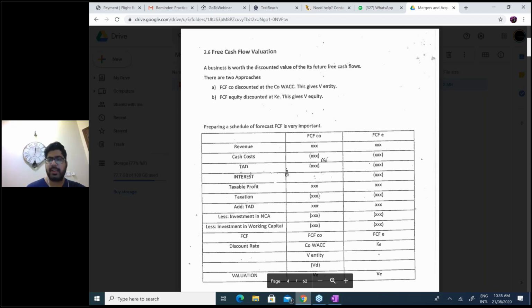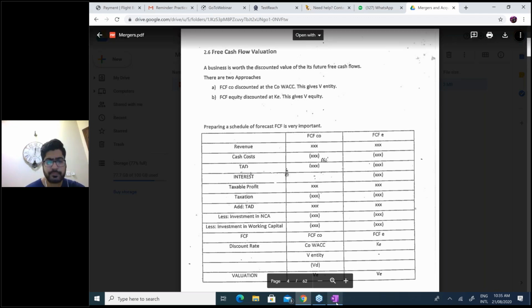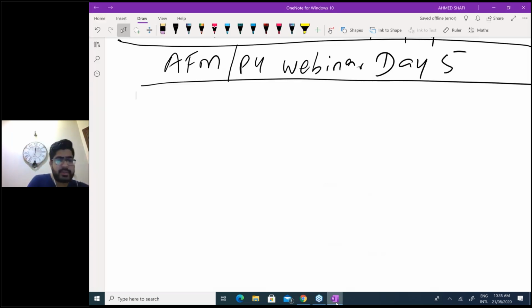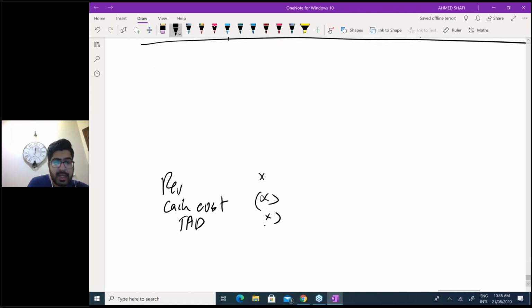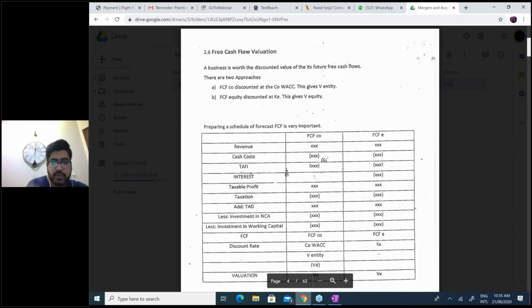It's written as revenue, deduct cash costs and TAD, but just to make things more comfortable for you, when you deduct cash costs and tax allowable depreciation from revenue, you get operating profit. It's not written in the format, it's just for your general understanding.